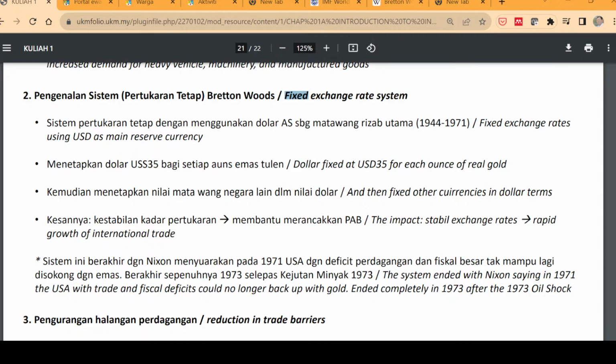What happens if it's not going to go up to 3.50? What happens if today it's 3 ringgit for 1 USD, and I'm afraid it's going to be not 3 ringgit but 2 ringgit? I'm going to lose. Suppose I export to the United States, just a simple example, $100.